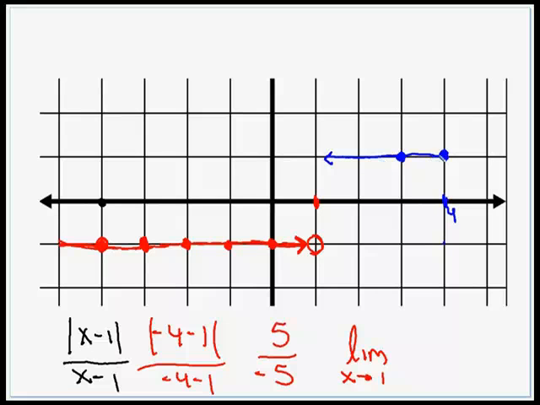So here again, as we're approaching from numbers greater than 1, we're sliding down this line. And at x is 1, our table told us it looked like we had a hole in the graph at a height of 1 on the y-axis. So it's sort of like there's two holes in the graph. We have one below us at x is 1 at a height of negative 1, and we have one above us at a height of positive 1 on the y-axis.